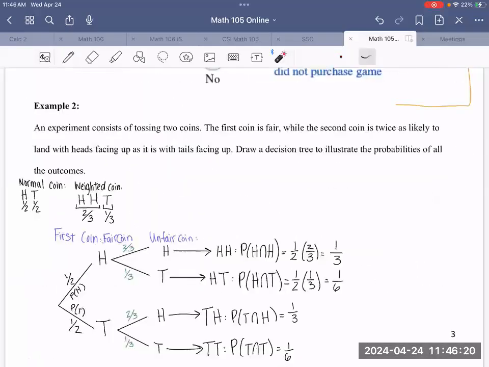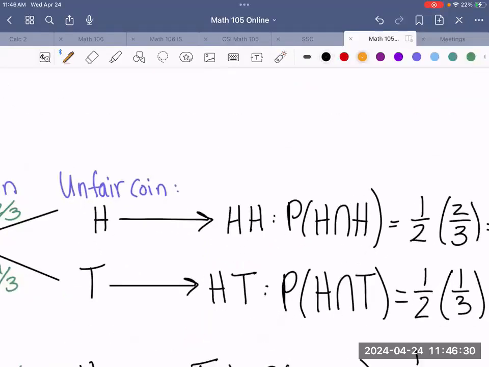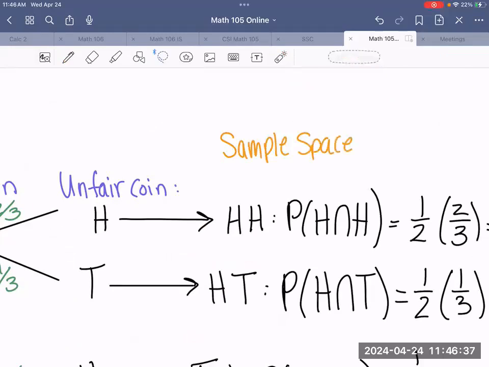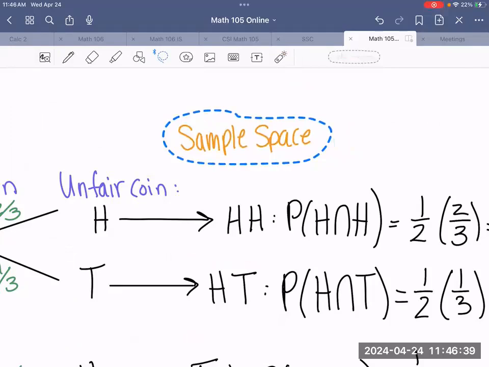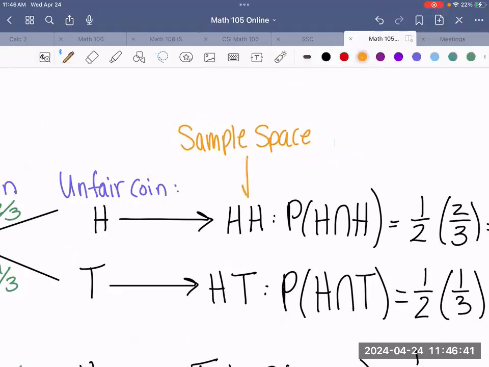Again, your sample space, how we've been reading it at the very end, is that these are all of your different outcomes. And I'll write that here: sample space. These are all your outcomes.